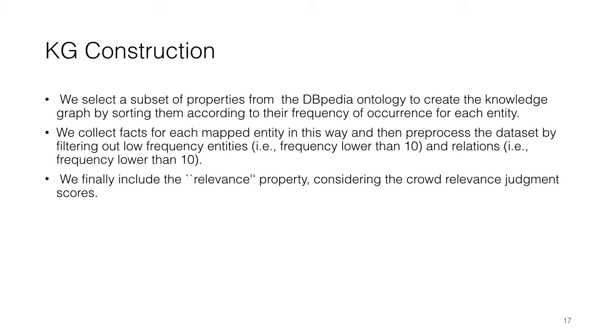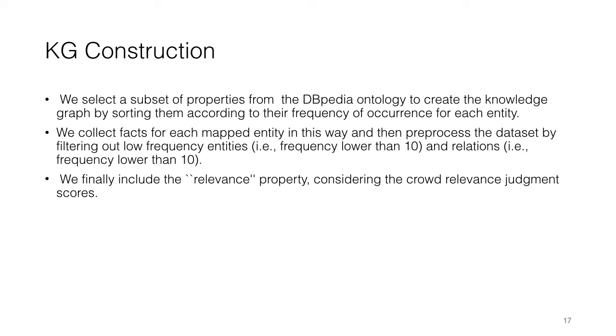In order to select the most relevant properties for the knowledge graph construction, we select a subset of properties from the DBpedia ontology to create the knowledge graph by sorting them according to their frequency of occurrence for each entity. I will give you an example to make it clear.